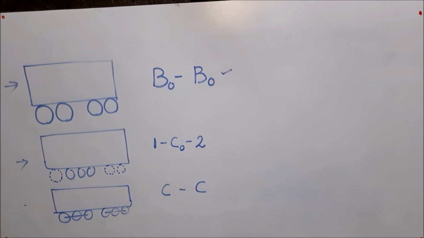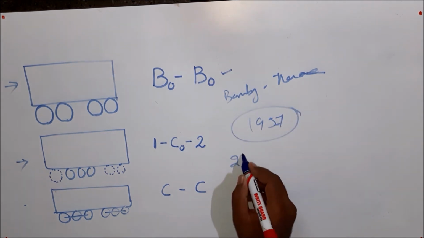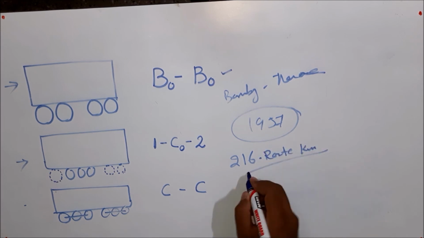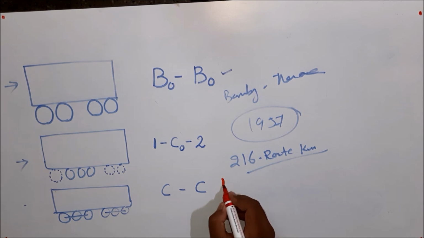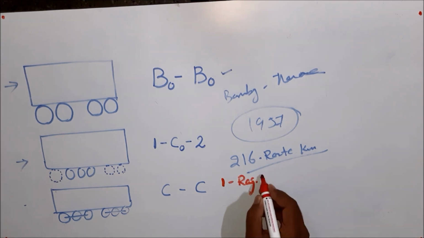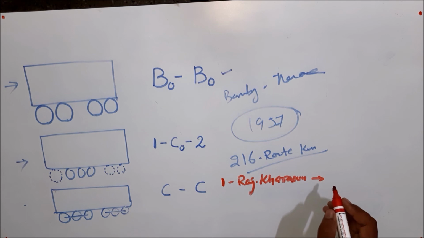To add some general knowledge to this chapter, you should know that with the completion of the second 5-year plan in 1957, a total of 216 route kilometers of Indian Railway were electrified.